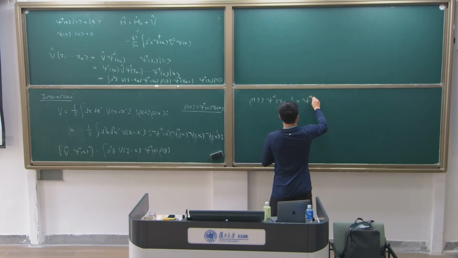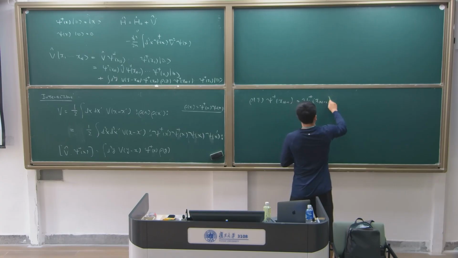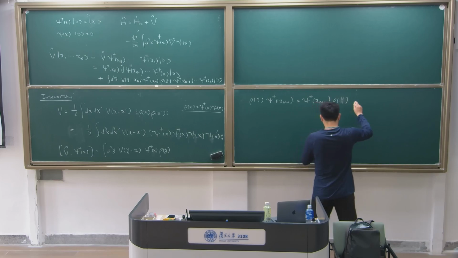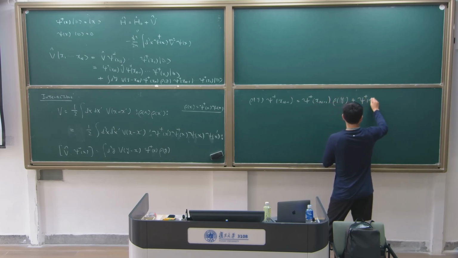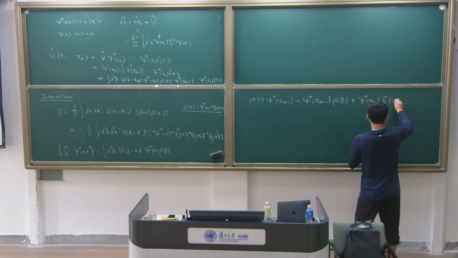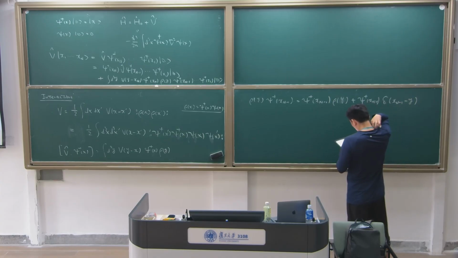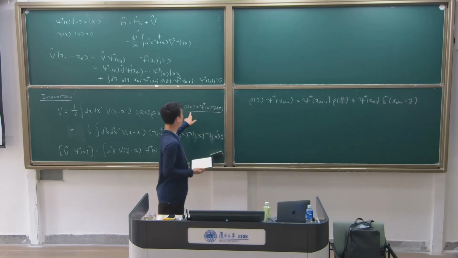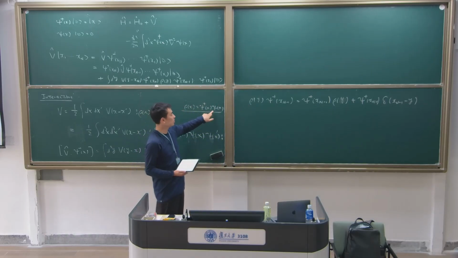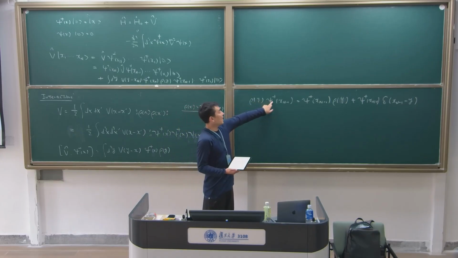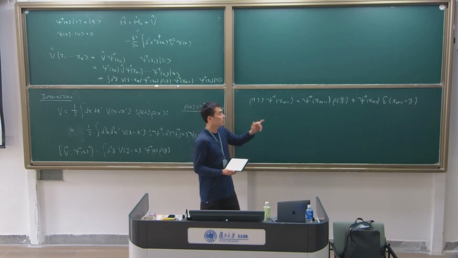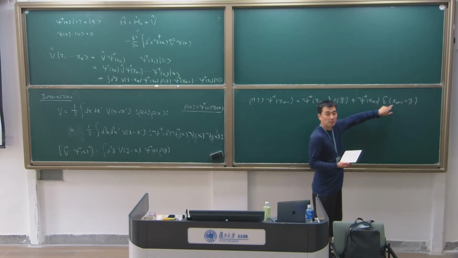And this is psi dagger xn minus 1, and then rho of y, and so on, like this way. Since this rho is psi dagger psi, it will have a non-trivial commutation relation with psi dagger that will give you this delta function.